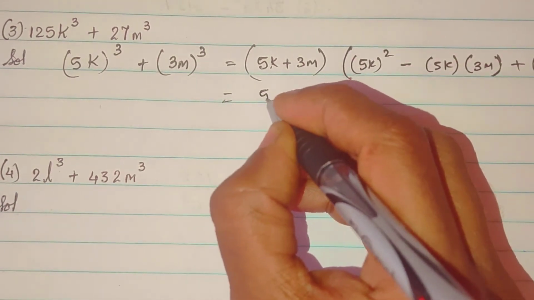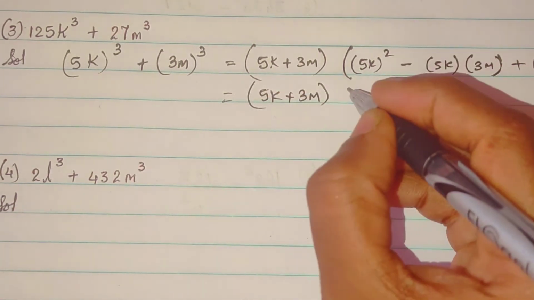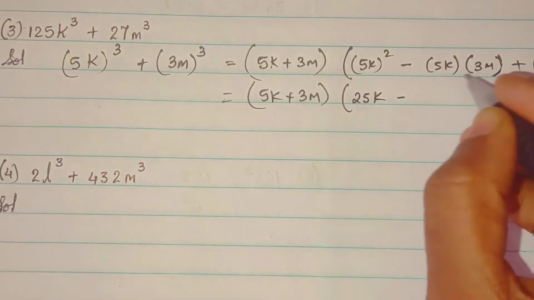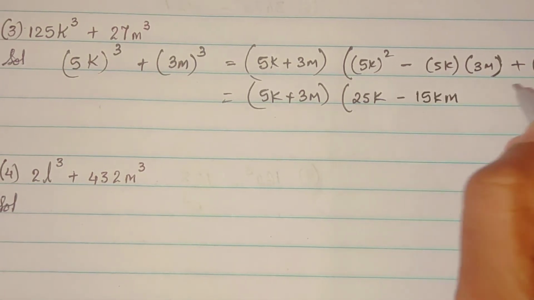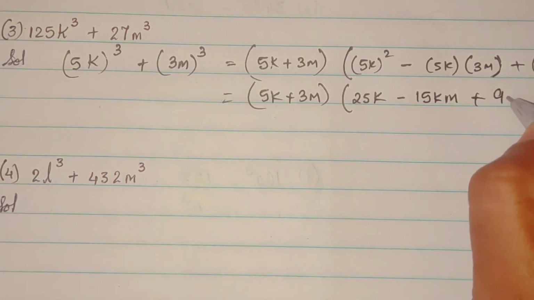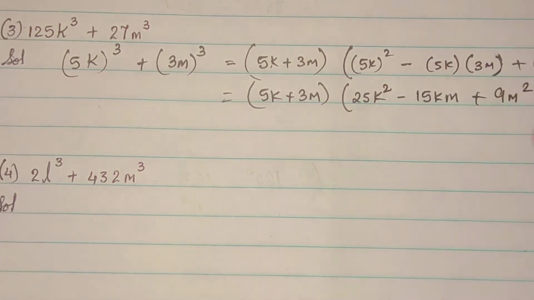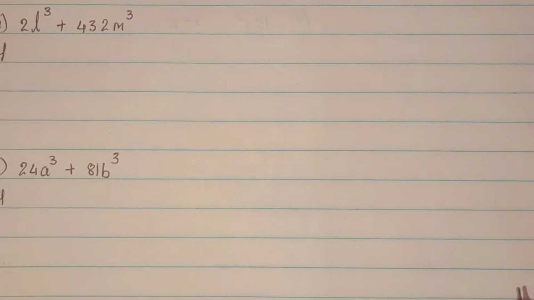So 5k plus 3m will be as it is here. 5 5s are 25k square, 5 3s are 15km plus 3 3s are 9m square. Here the k variable will have the square. So this is the answer. Fourth sum.